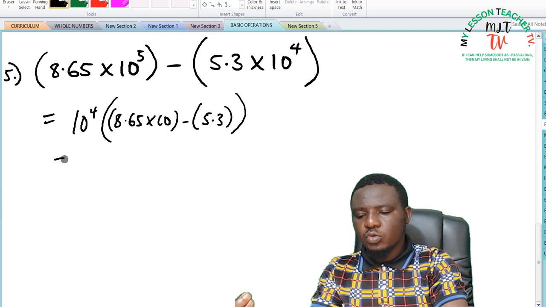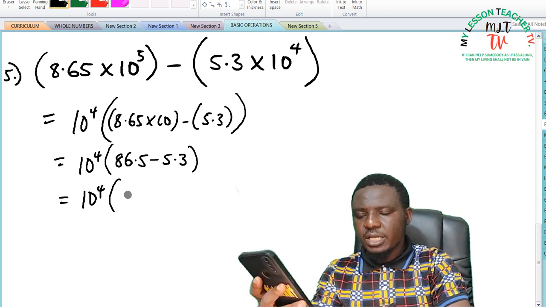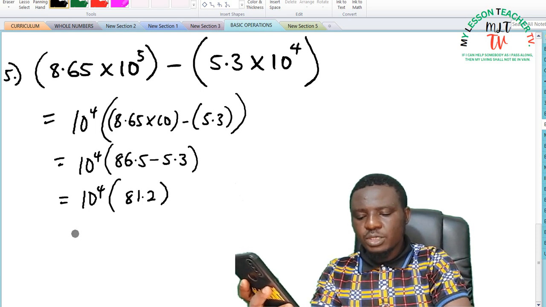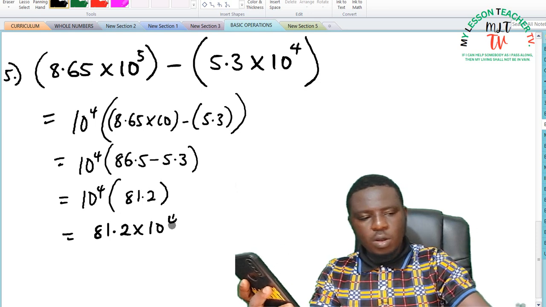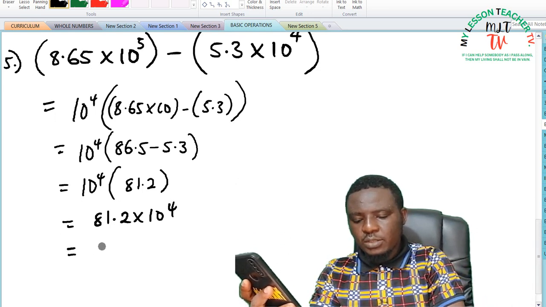And this is equal to 10 raised to the power of 4 into 86.5 minus 5.3. This is said to be 10 raised to the power of 4 into 81.2. So our answer is said to be 81.2 times 10 raised to the power of 4. But we must express this in standard form, and this is equal to 8.12 times 10 raised to the power of 5.